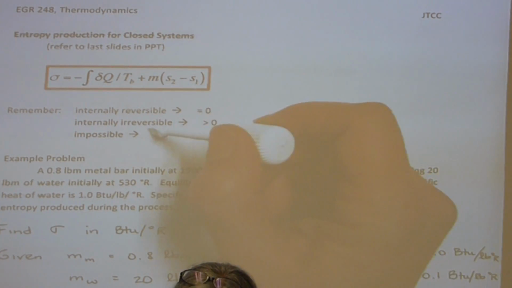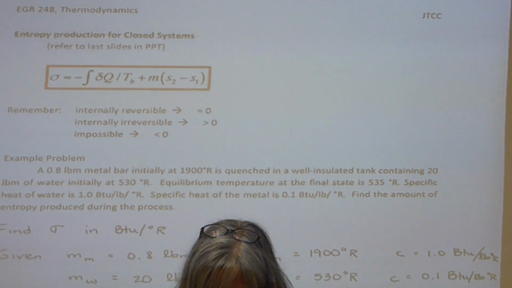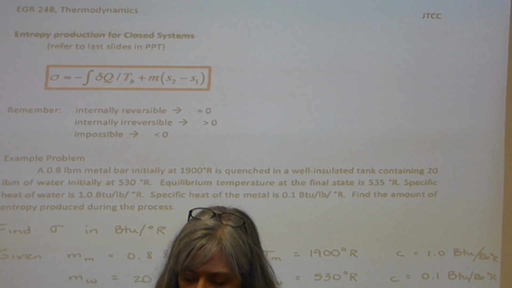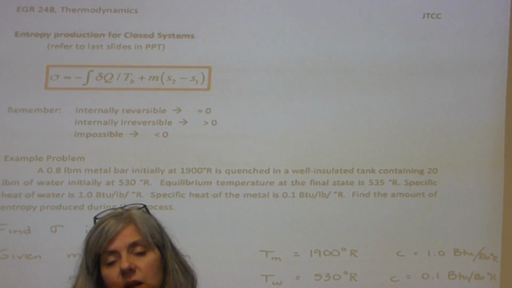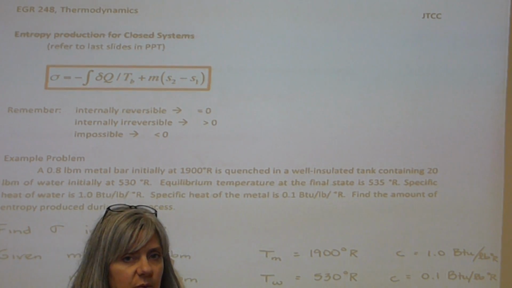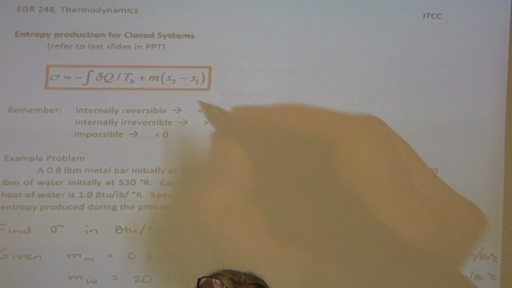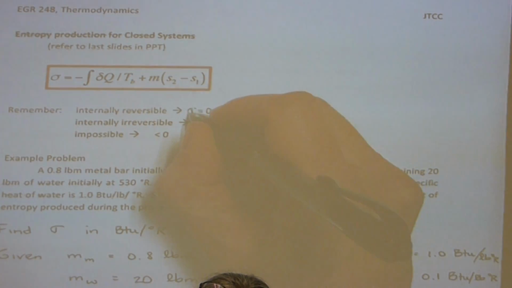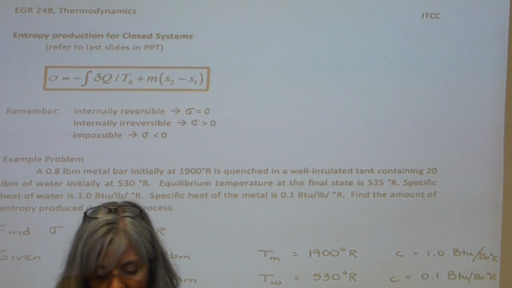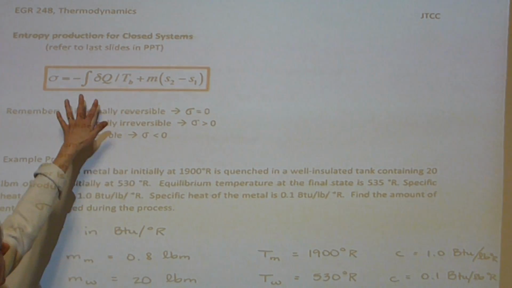If it's internally irreversible, then we know that the entropy production is greater than 0. And then, of course, if entropy production for the whole cycle is less than 0, we know that that's impossible. We can't do that. So all of these are sigmas. Okay, so we have this equation to use then.